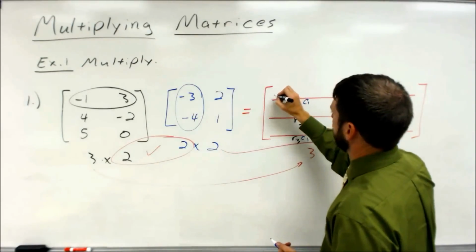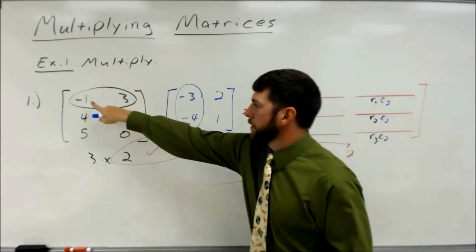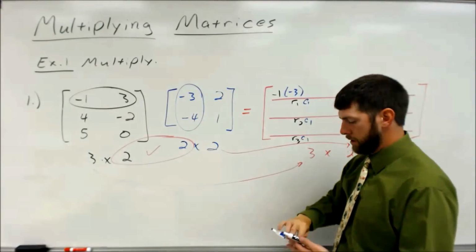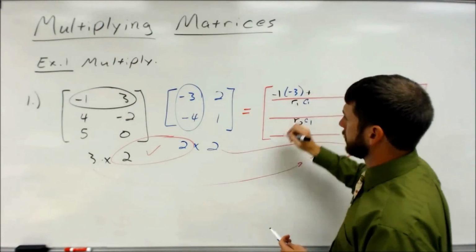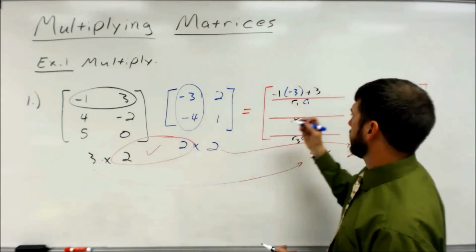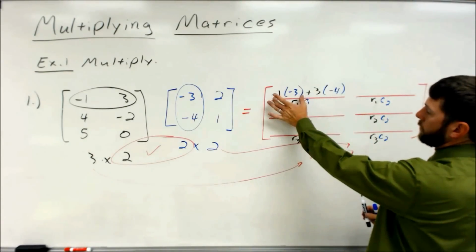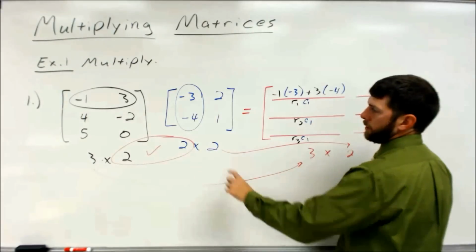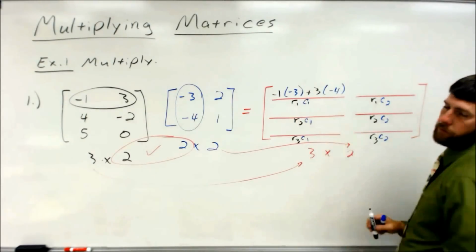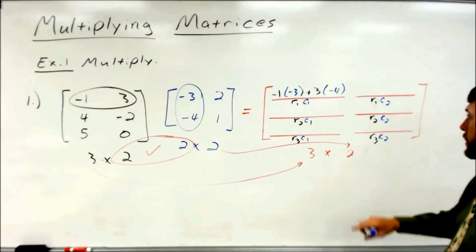So I'm going to do -1 times -3, plus 3 times -4. I took my row 1, which was -1, 3, and put it with column 1, which is -3, -4. And we're just going to carry out that pattern for the rest of the matrix.